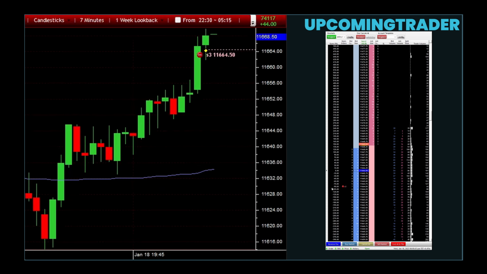One more important point to remember is risk management. Volume can also help you manage your risk better. For example, you can use volume levels to decide where to place your stop-loss orders. If you see a recent volume spike, you might place your stop just beyond that level.